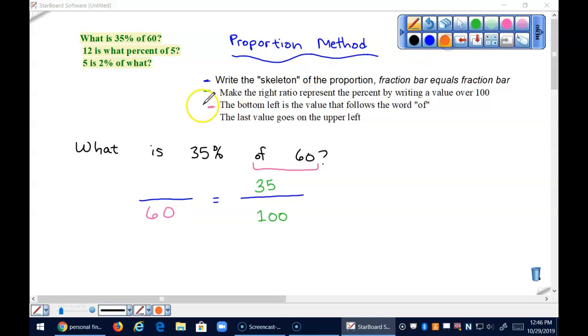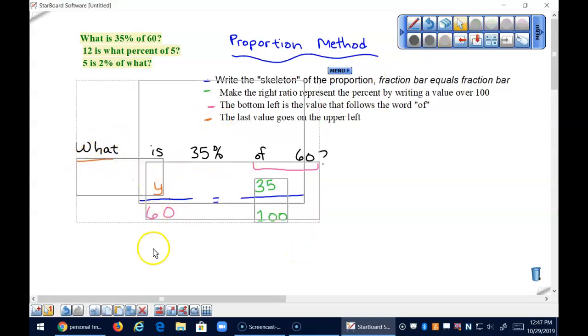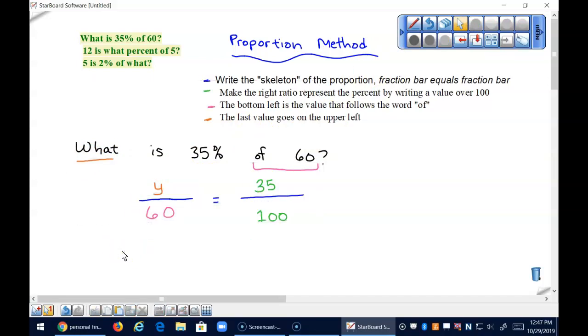And then lastly, there's something that I haven't used yet. In this case, it's the y. Everyone okay with my 4 setup parts? Some people will be taught to memorize a phrase is over of, but that's not always true. The thing in the top left doesn't always have an is associated with it, but the of is always the bottom.